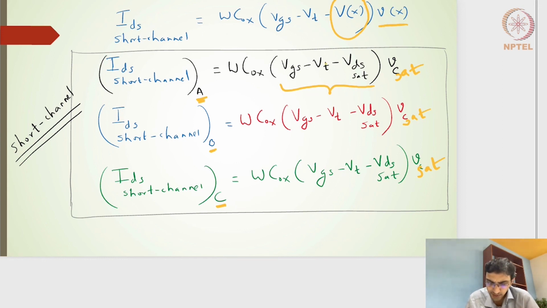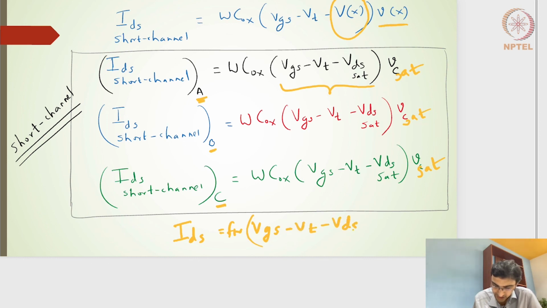Now again, if I look into this particular expression, normally in the long channel current or even in the short channel linear region current, we will always get an expression of the current as a function of VGS minus VT minus VDS by 2.